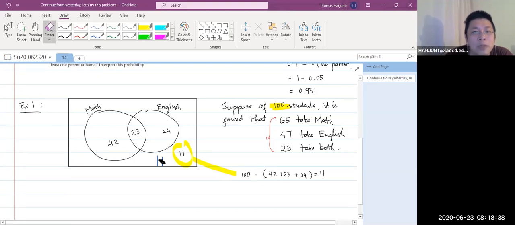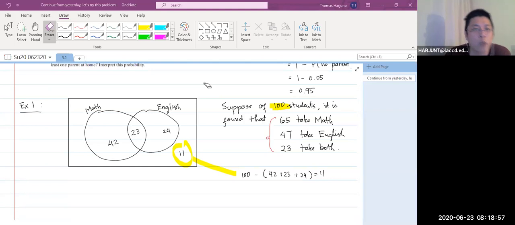Don't do that to me, please. Don't do this. Oops. Erase it, please. You know what? Okay. Yeah, basic, but the principle is correct that it's the total 100 minus whatever we already have in there. That's how we get that 11.